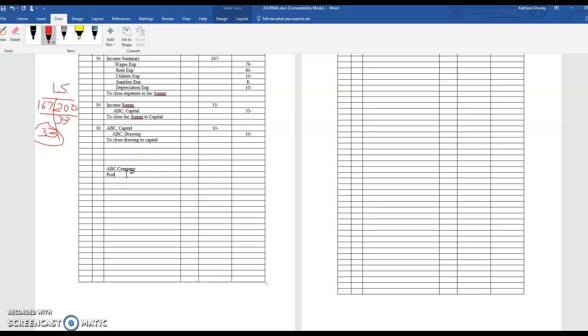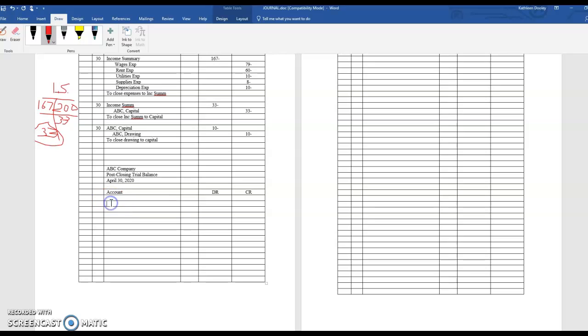This is a post, which means after, closing trial balance, and this is for the date of April 30th, and whichever year you were working with. Now I'm going to put my labels: the account name, our debit column, and our credit column.